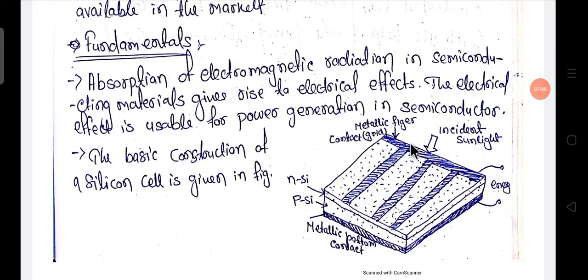So this solar cell has two types of semiconductor, one p type and one n type, and the PN junction is created. This is the basic construction of the silicon cell given here.